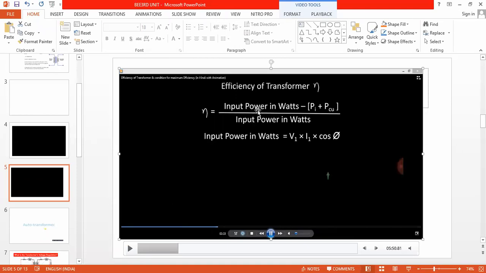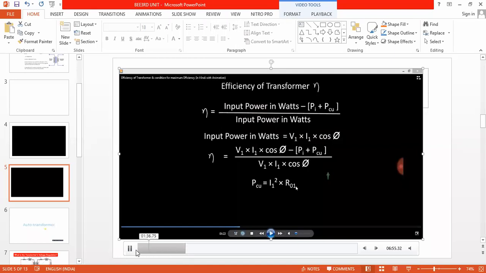Output power is input power minus losses, iron loss plus copper loss. So what is the formula for input power? V1 is primary winding voltage, I1 is primary winding current. Input power is V1 I1 cos theta, where theta is the angle we are assuming here.